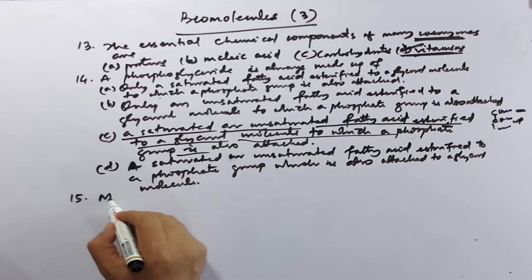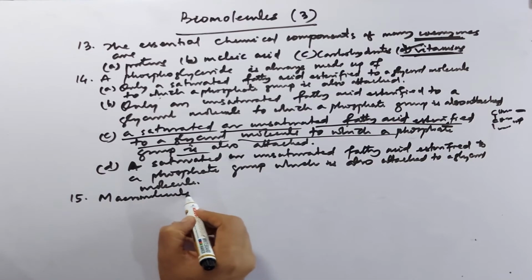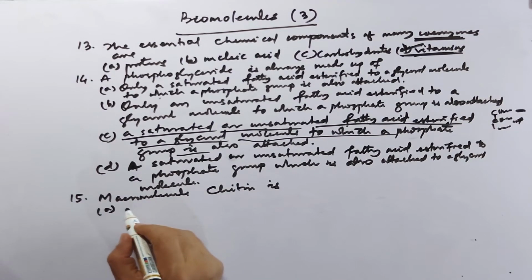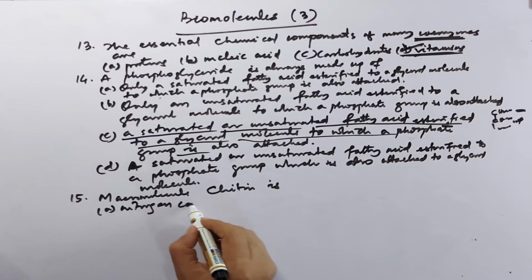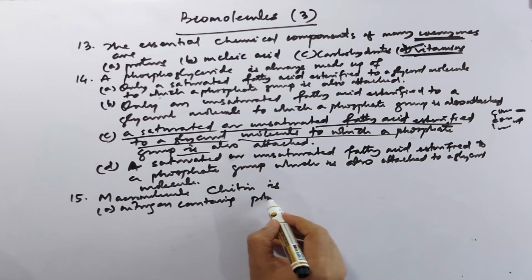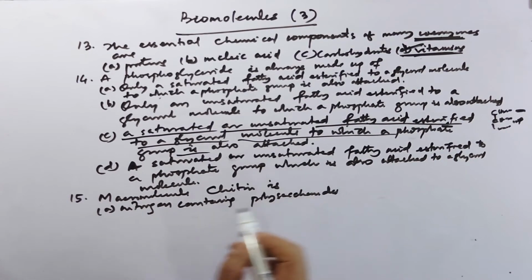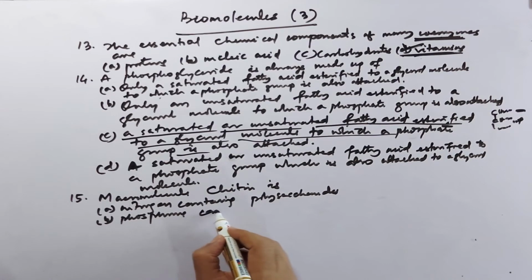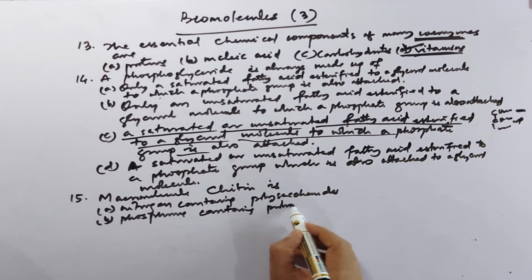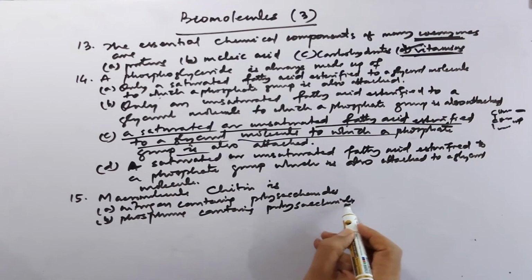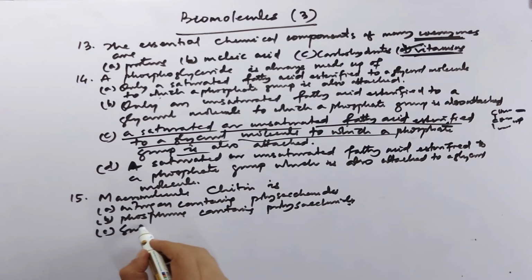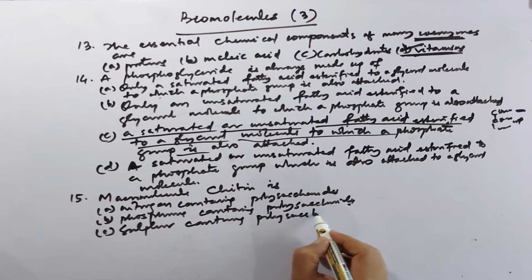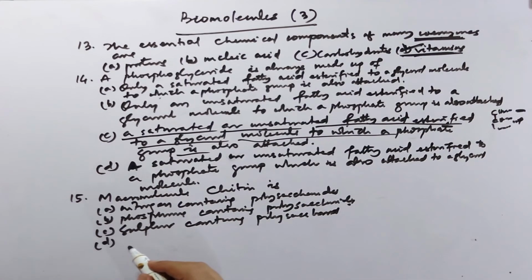Macromolecule chitin is: first option, nitrogen containing polysaccharides; B, phosphorus containing polysaccharides; C option is sulfur containing polysaccharides; and D option is simple polysaccharides.